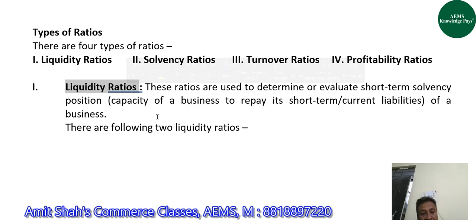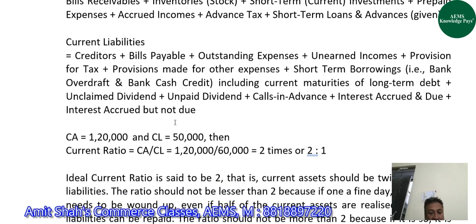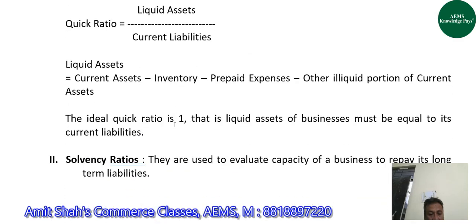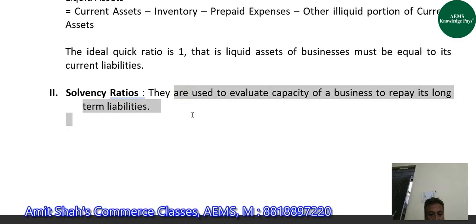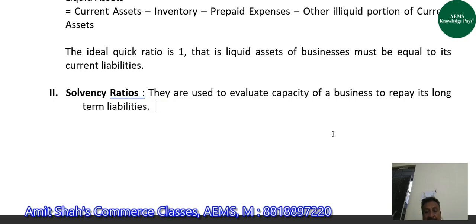They all are interested to evaluate your liquidity position, right? On the other hand, those who have given you money for long term, like you have taken a long term loan from bank, they would like to check your long term solvency position, that is capacity of a business to repay its long term liabilities.